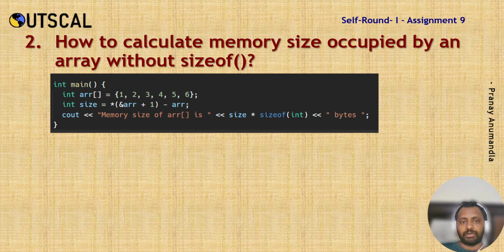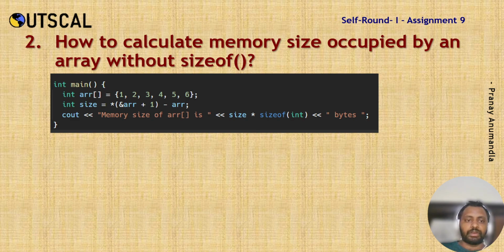For example, if the elements are ints of 4 bytes, and the array starts at 400 and ends at 403, then ampersand of array plus 1 will give 404 as the address.